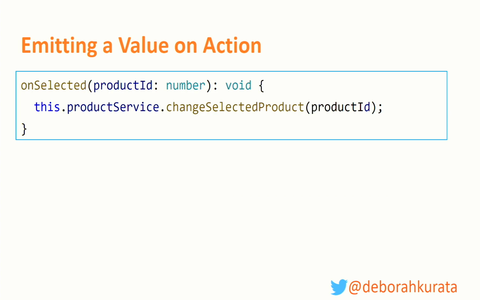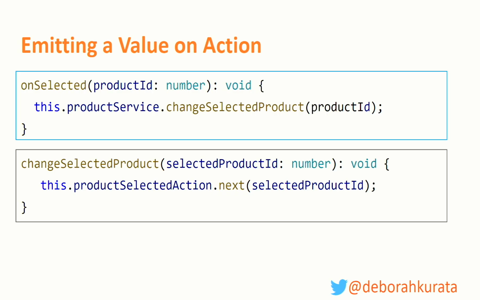Our last step then is we want to emit a value on an action. So in our template, when the user clicks on one of the products on the left, we're going to bind our click to onSelected. So in our component, we're going to have an onSelected method. Our template's going to pass in the ID of the one that they clicked on, and it's going to call a method in our product service.